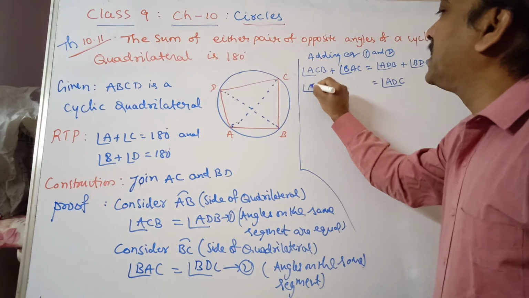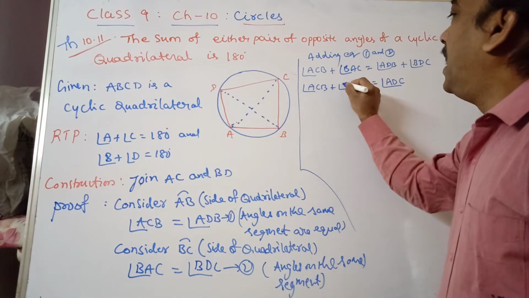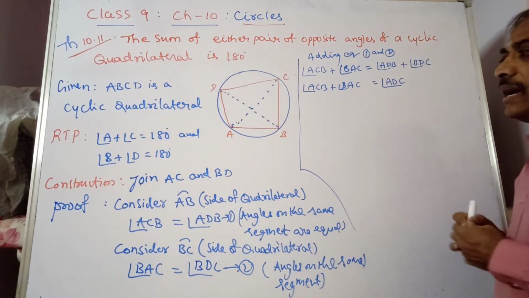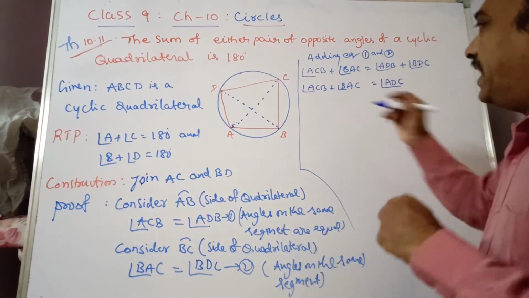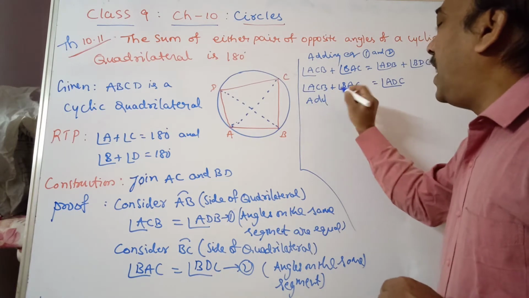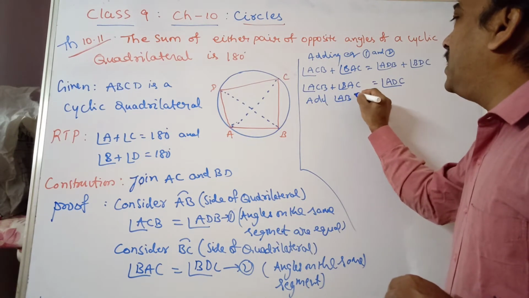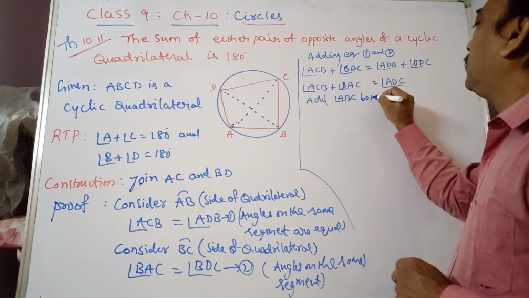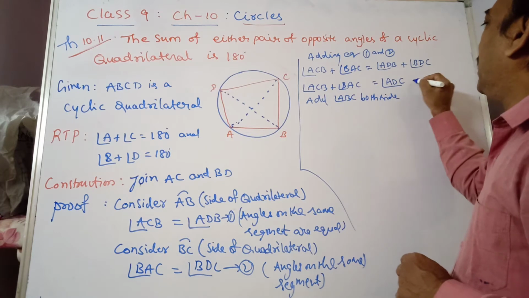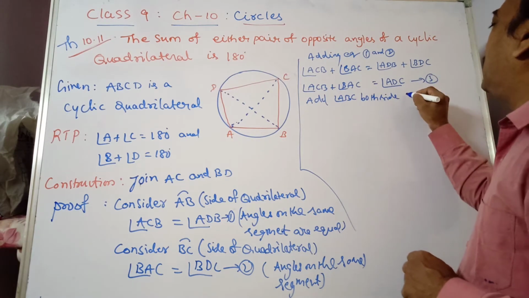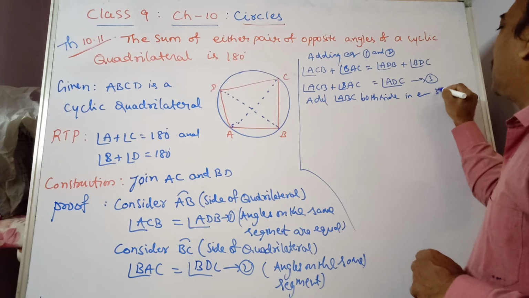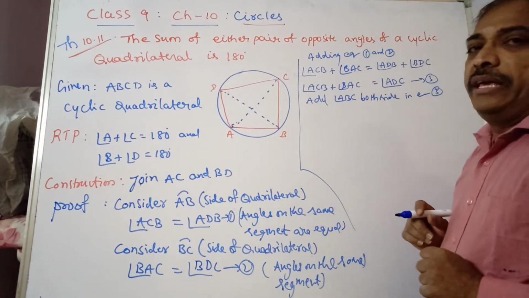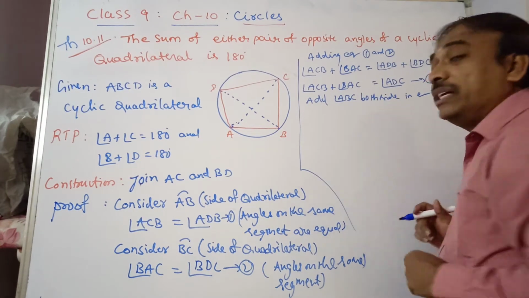So angle ACB plus angle BAC is equal to angle ADC, we got this. Now what I am doing, I am adding angle ABC to both sides. Let this be equation 3. In equation 3, angle ABC we are adding on both sides.